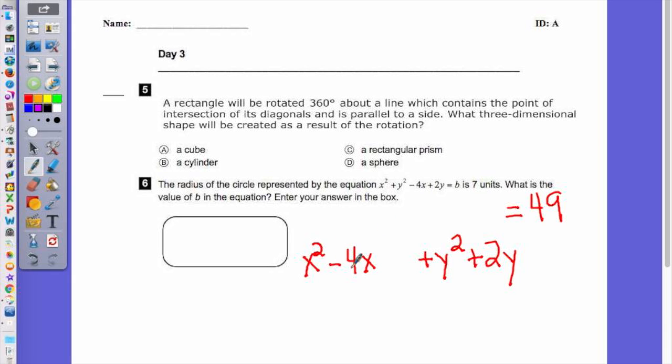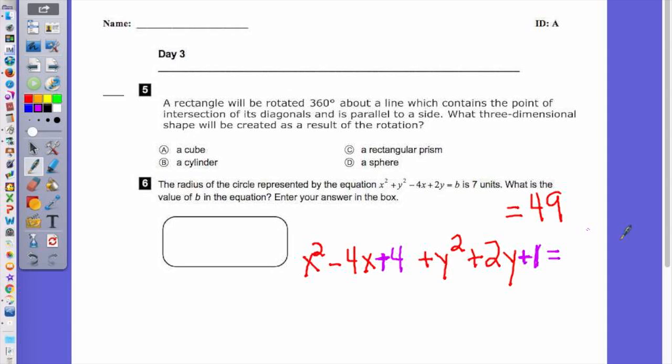So half of the b term is negative 2, squared is 4, so you're adding 4 here. And then in this y part, what's half of the b term? 1, squared is 1.